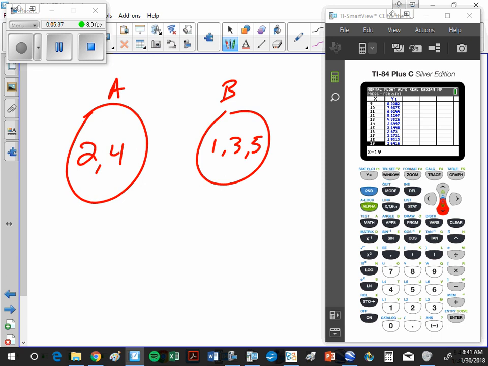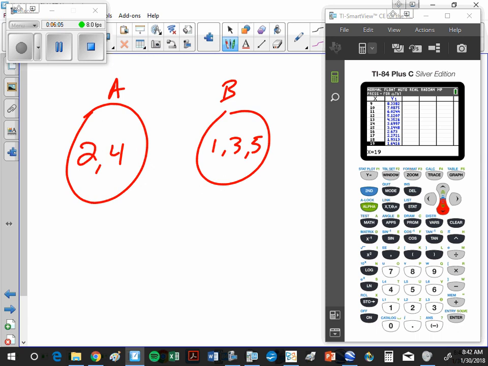Okay? Probability of A or B. That's just going to be 3 out of 6 plus 2 out of 6, which is 5 out of 6. Right? Everything that A has and everything that B has added together. Why do we not have to be careful in this case? There's no overlap, so nobody gets counted twice.